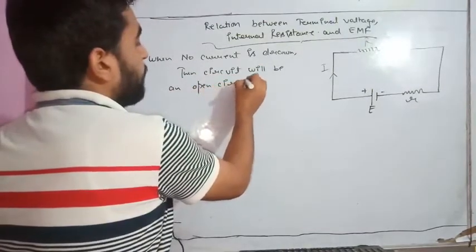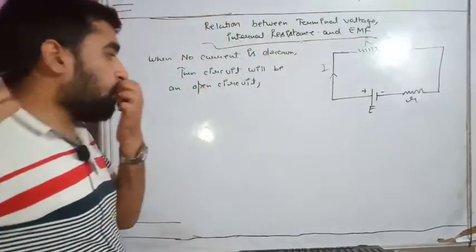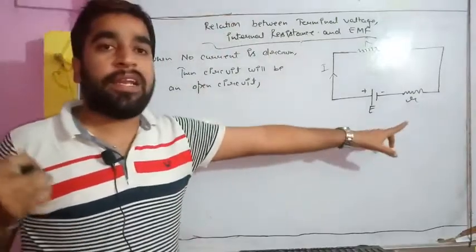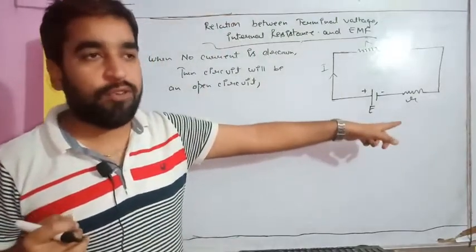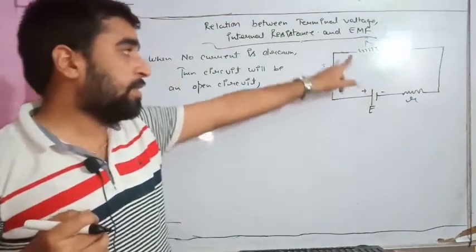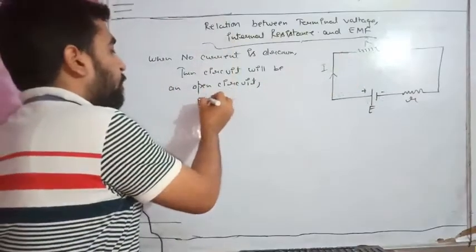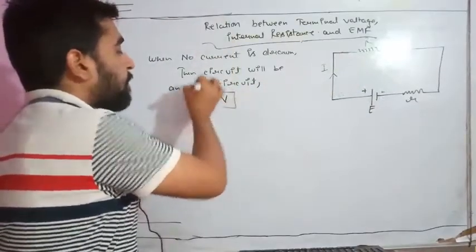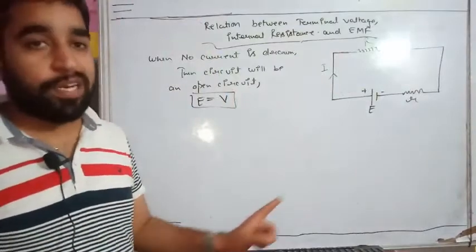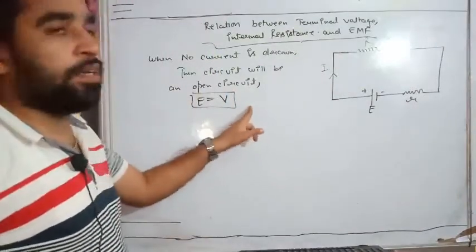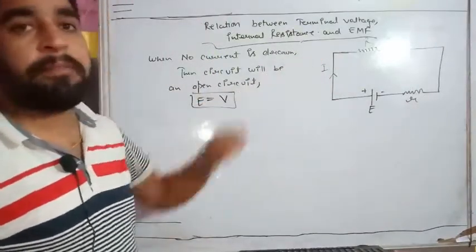In that case, because no current is drawn, the internal resistance will not create any kind of loss, and the EMF will be equal to the terminal voltage, when no current is drawn through the load resistor R.